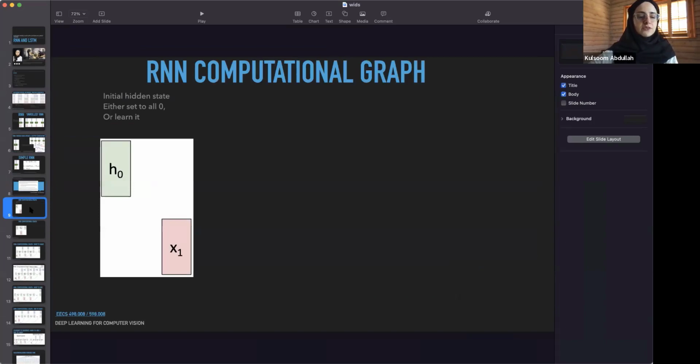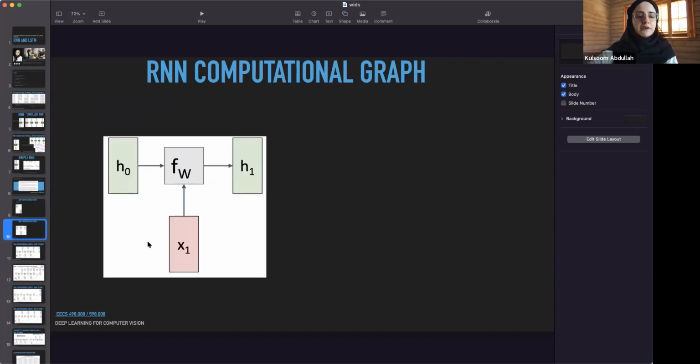Okay, so just to step through how this could be set up or run, you have your first input. Your hidden state could be just initially set to 0. Then you put in the input and your hidden state, and your function then calculates this box.